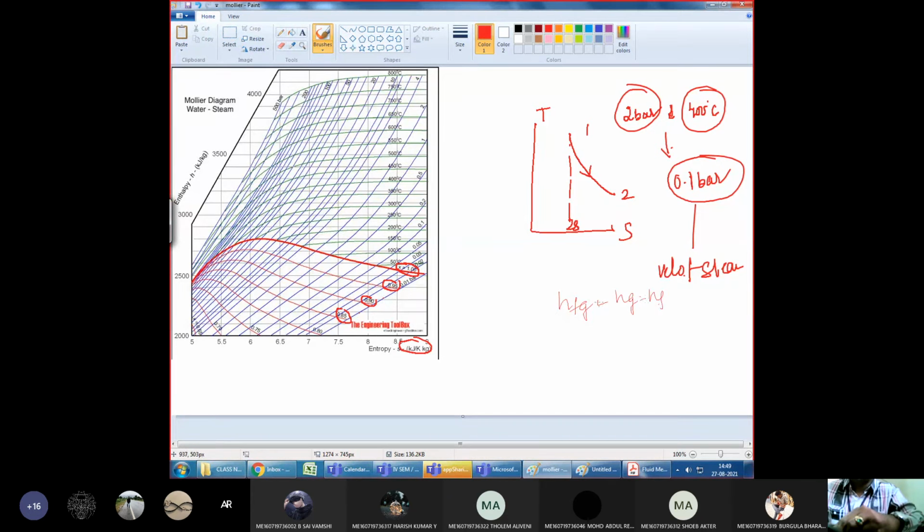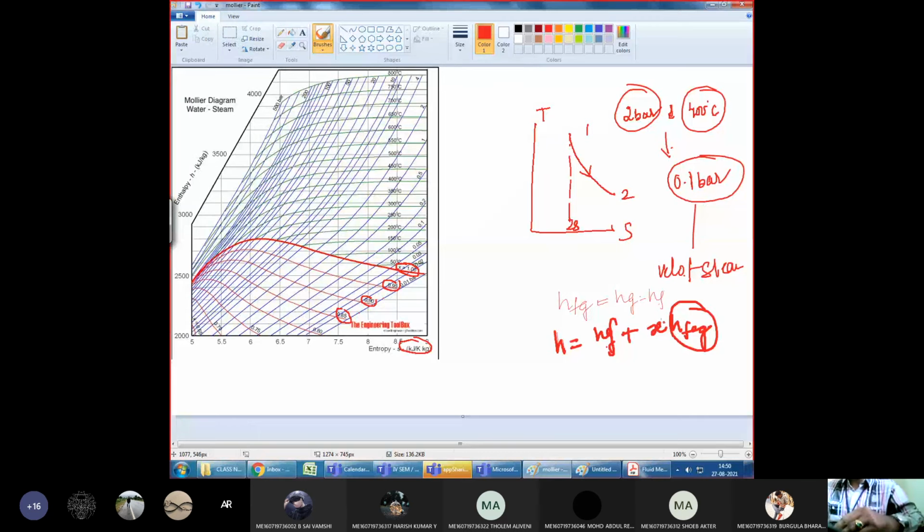And h is equal to hf plus x into hfg, where x is the dryness fraction, hf is the enthalpy of the fluid, h is the enthalpy of the mixture, and hfg is the latent heat.